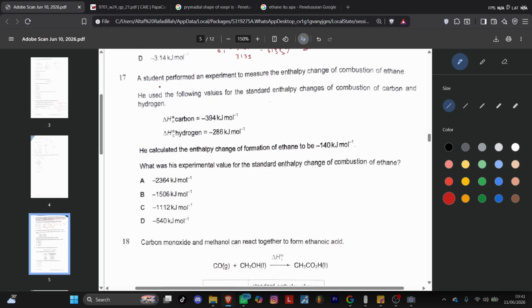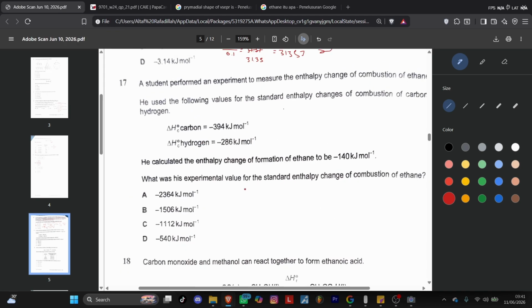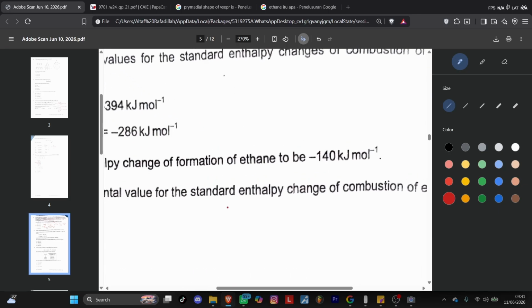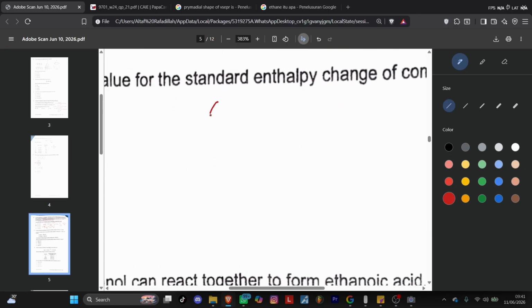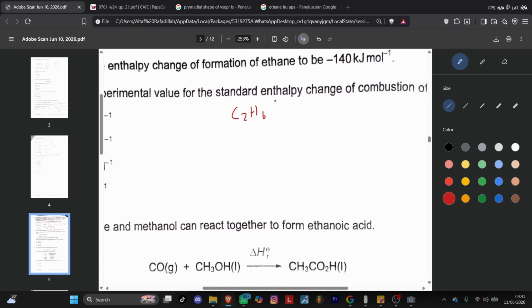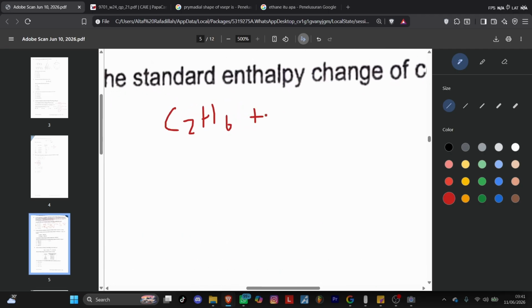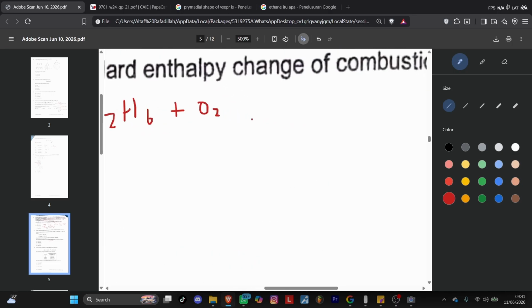Okay. We have a question that asks for the standard enthalpy change of combustion of ethane. We know ethane is C2H6. Because this is an enthalpy change of combustion, we need to add oxygen gas, and then we need to make a reaction.